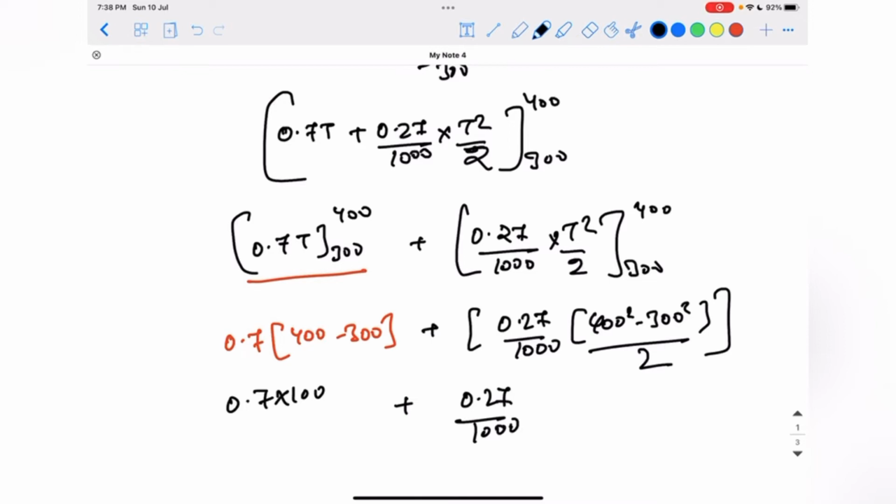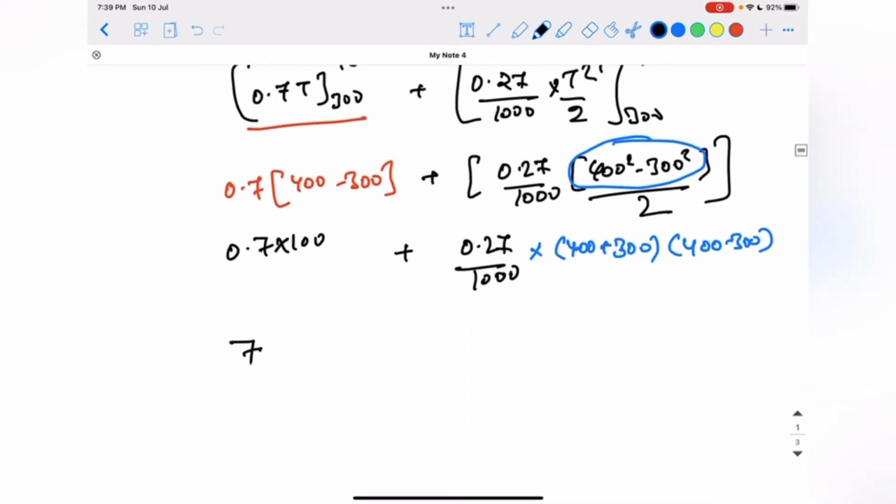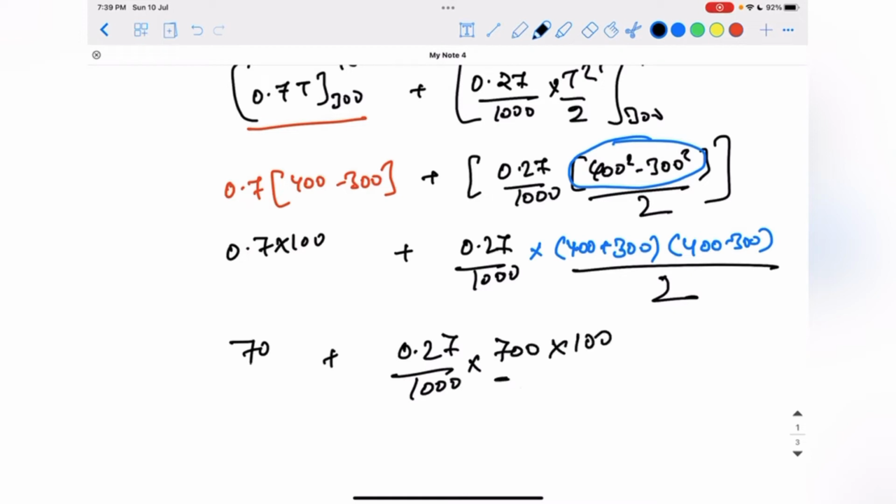We can apply the formula a squared minus b squared, so I can write this as 400 plus 300 and 400 minus 300. This is simple: 70 plus 0.27, oh, I need to divide it by 2, 0.27 divided by 1000 into 700 into 100 divided by 2.